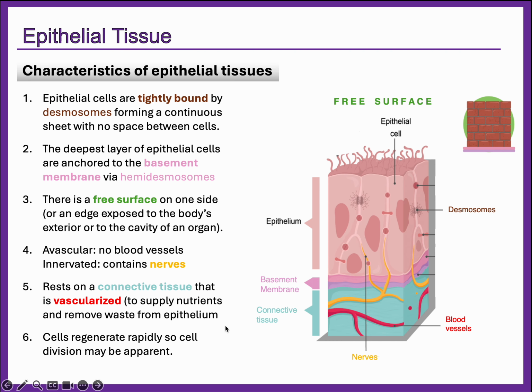So this connective tissue, right, is vascularized, and it has oxygen and glucose that diffuse up over here to these cells on top to supply them with nutrients and remove their waste back down into the blood vessels, right? All epithelium, I repeat, all epithelium need to sit on a connective tissue or else they die, right?